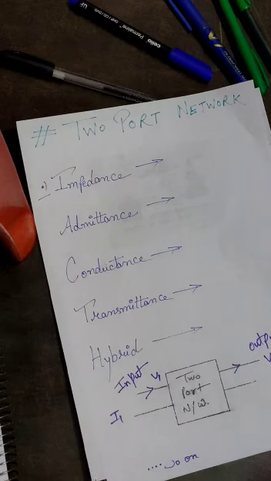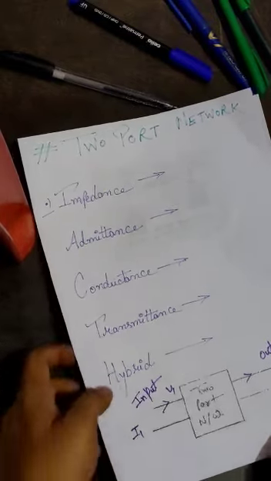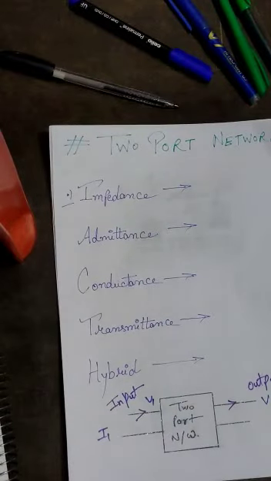A two-port network consists of linear systems like resistance, capacitance and inductance, which help to point out the linearity and homogeneity of the system. Now the question is, what is linearity and homogeneity?